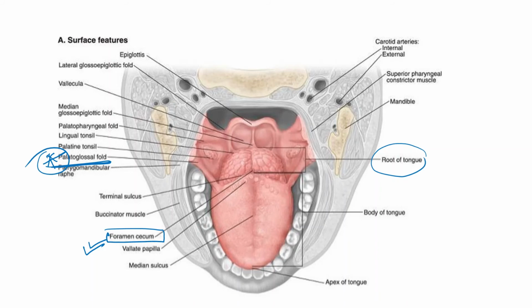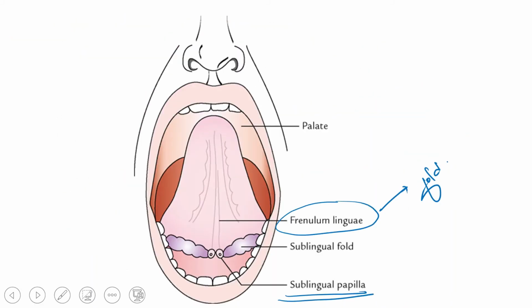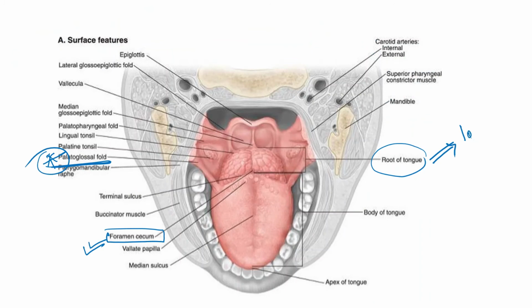The root is always formed by muscle, that is, the lower fibers of the genioglossus muscle.